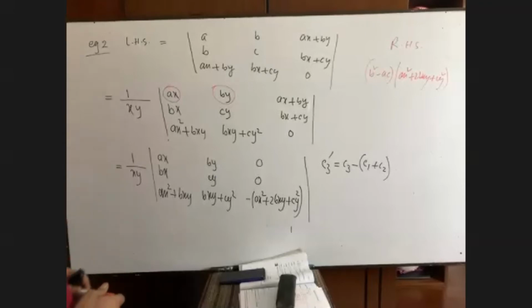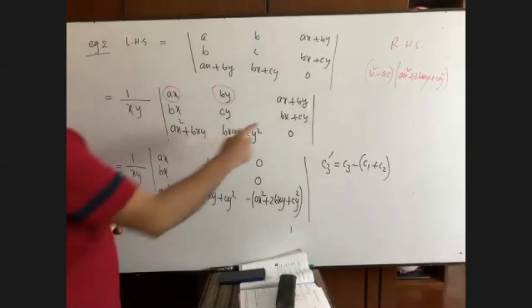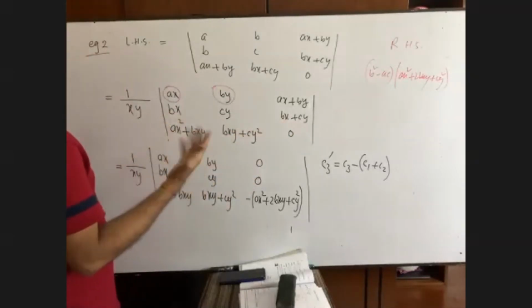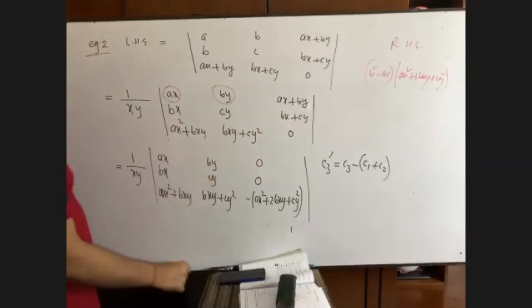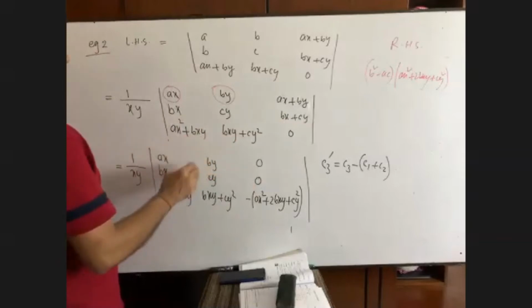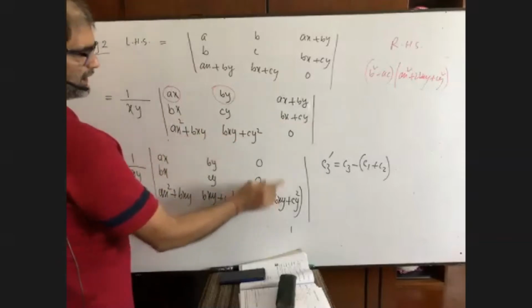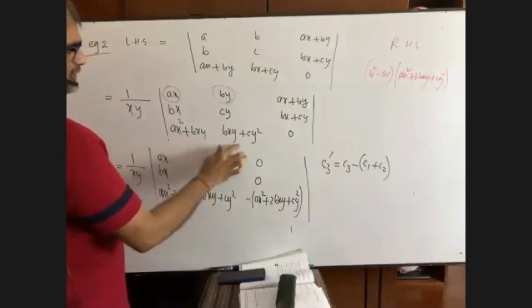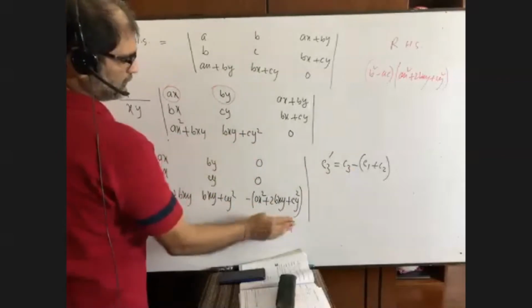Okay. Now you see bx plus cy. Bx and cy have been omitted. Now from this we will subtract the sum of this and this. So its summation will be this, and as per the minus sign, this minus this plus this, so we'll be left with this.